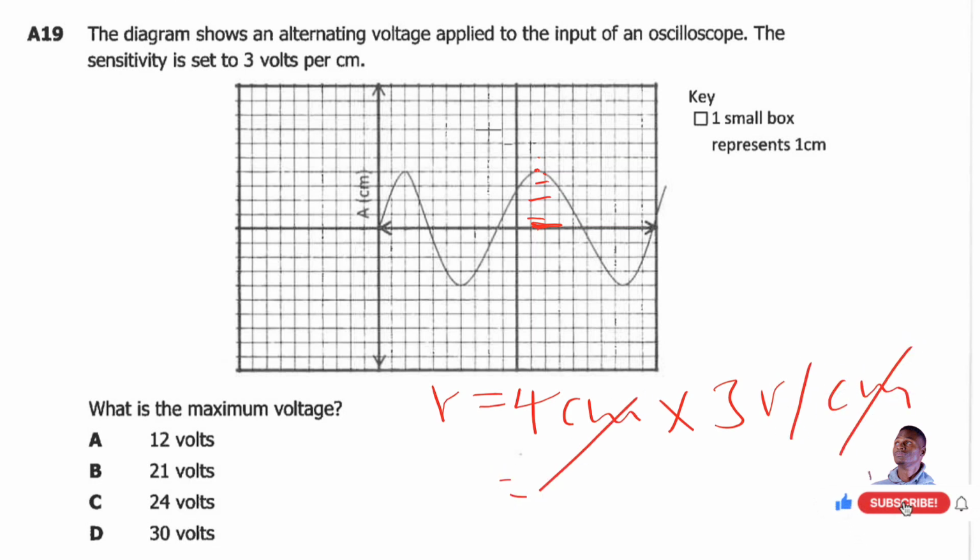Centimeter will cancel. 4 times 3 is 12. So 12 volts, which is just A. Number 19 is A. You can also use this to get the maximum point of this wave. Then you are good to go.